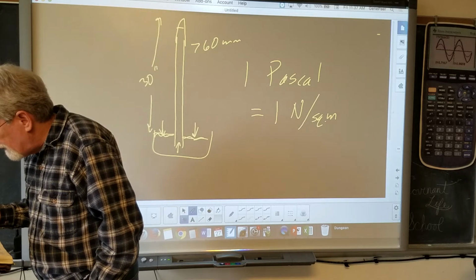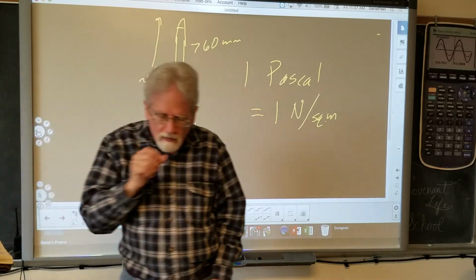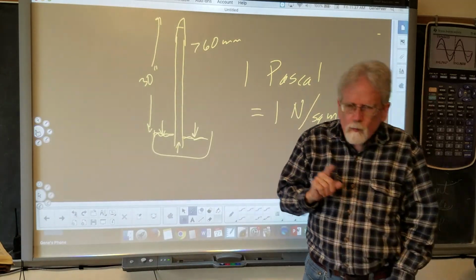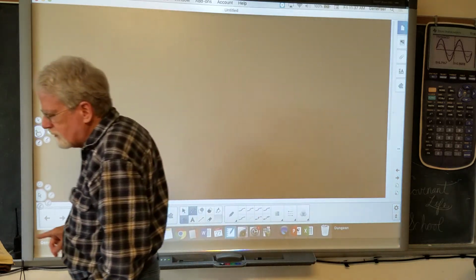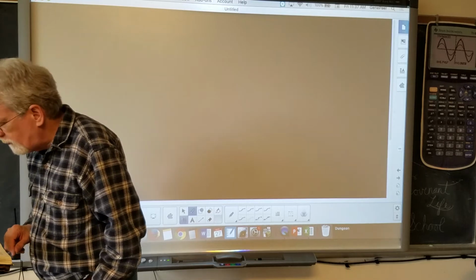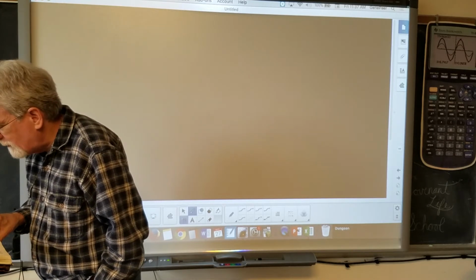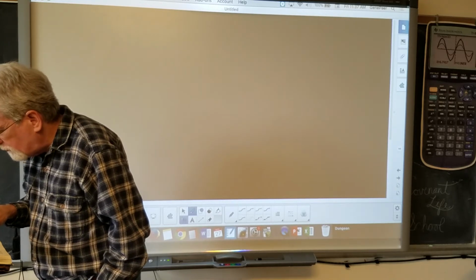Now, let's see. Oh, here's a cool concept. When you drink from a straw, Paul Hewitt's artwork, of course, is much better than mine. He's got an interesting diagram on page 271. It took me a while to figure out what that big pink thing was, and I realized, oh, it's a giant fist pushing down on the water.